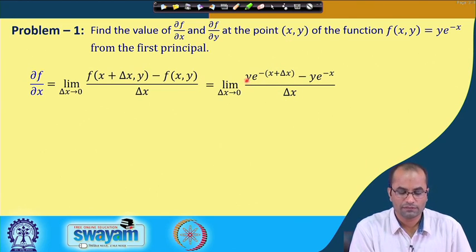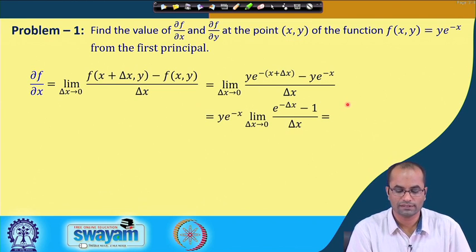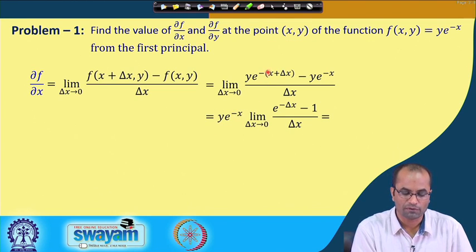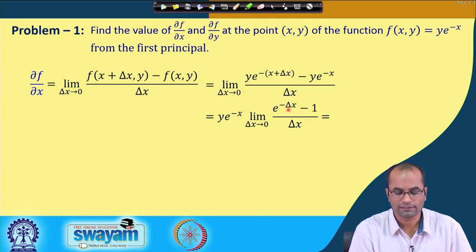Now, if we see here, y e power minus x is common, so we can take this outside. What will remain here? E power minus delta x, and then minus 1, because we have taken y e power minus x common from these two terms, and then we have divided by delta x.